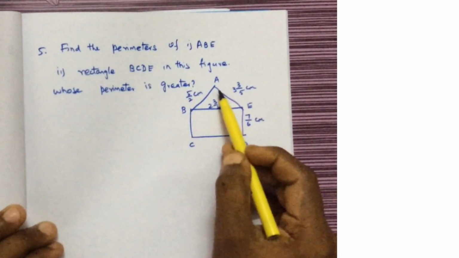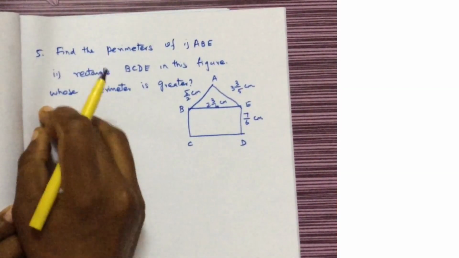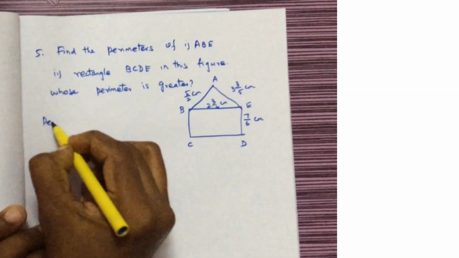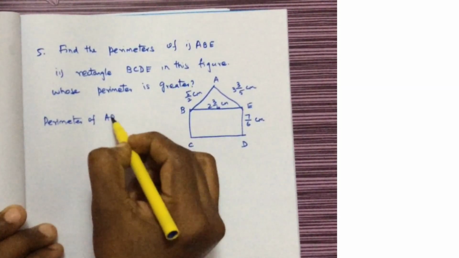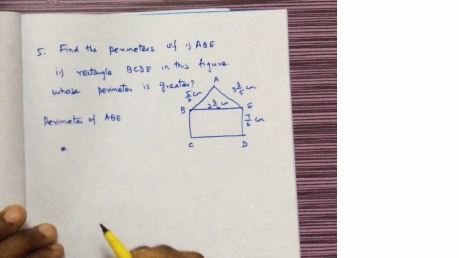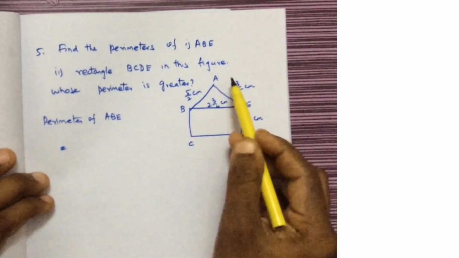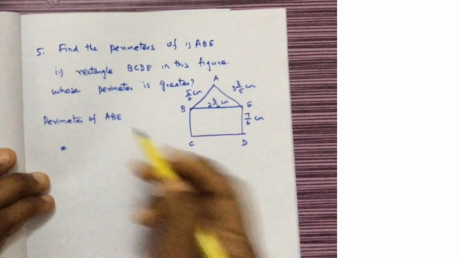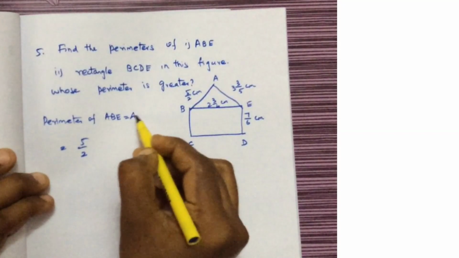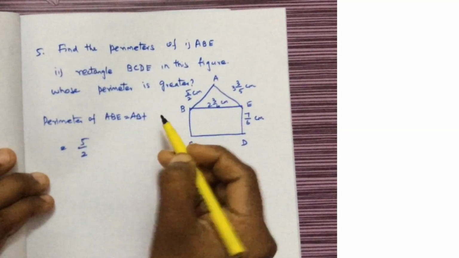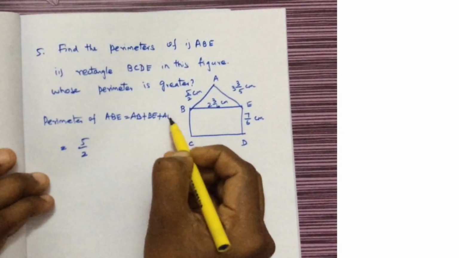So what is this ABE? ABE is a triangle. So you have to find the perimeter of ABE. This triangle is ABE. Now we have to add this plus this plus this, that is AB plus BE plus AE.